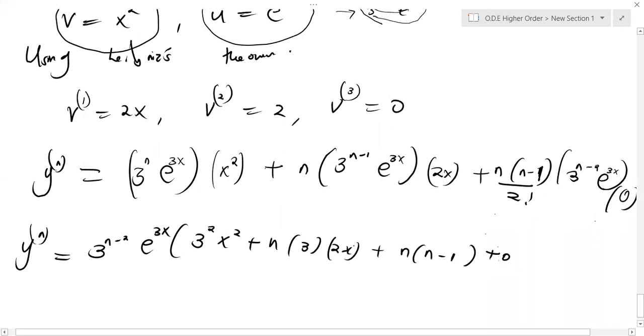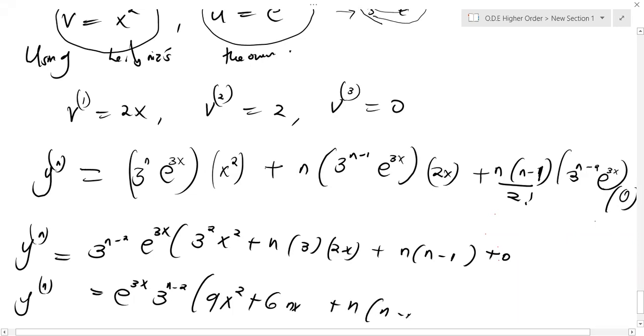And this ideally translates to our yn being equal to exponential 3x, 3 to the n minus 2 into 9x squared plus 6nx plus n into n minus 1. So ideally, that is what it simplifies to.